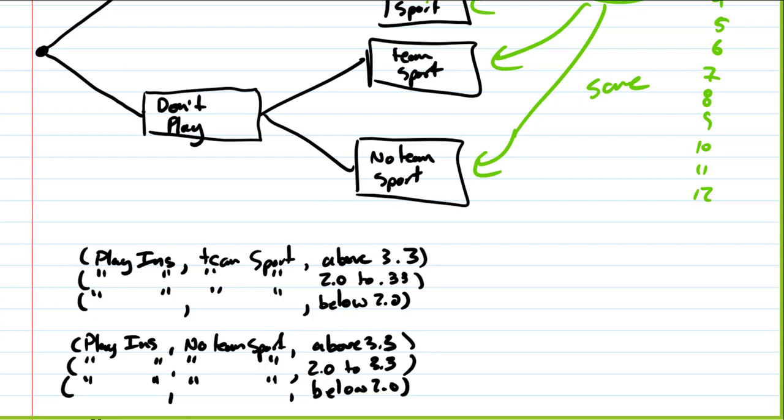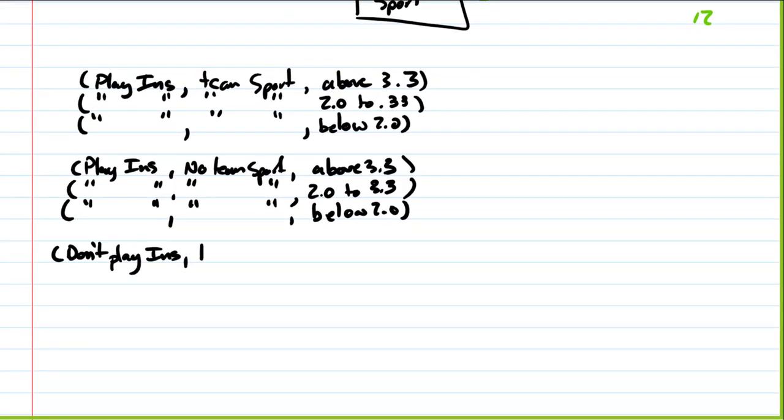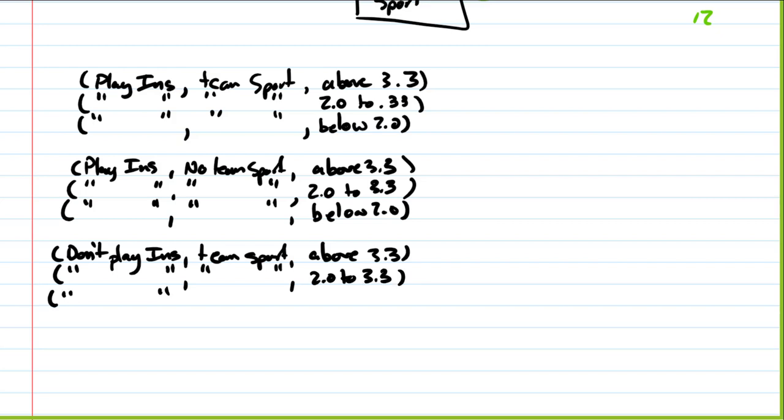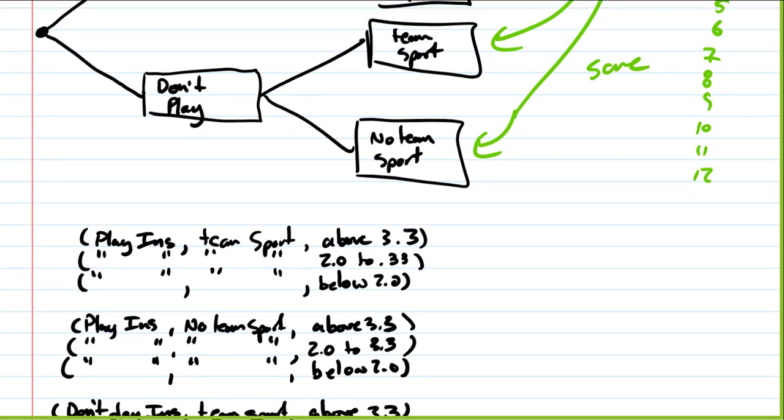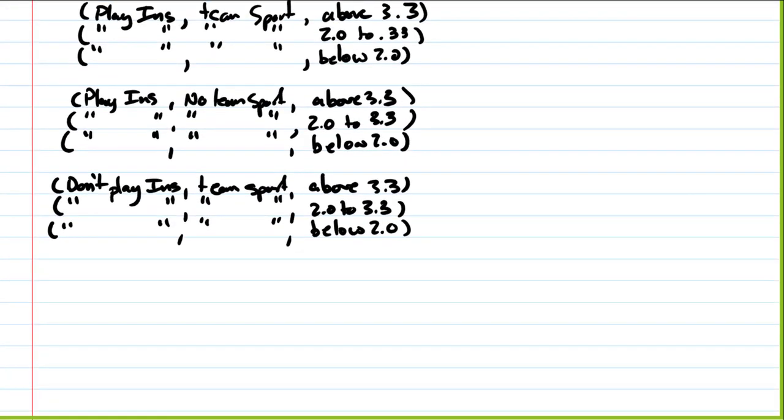Then we have a team sport. And then above 3.3. First two don't change. And then 2.0 to 3.3. And then below 2.0. And then lastly, we don't play and no team sport.